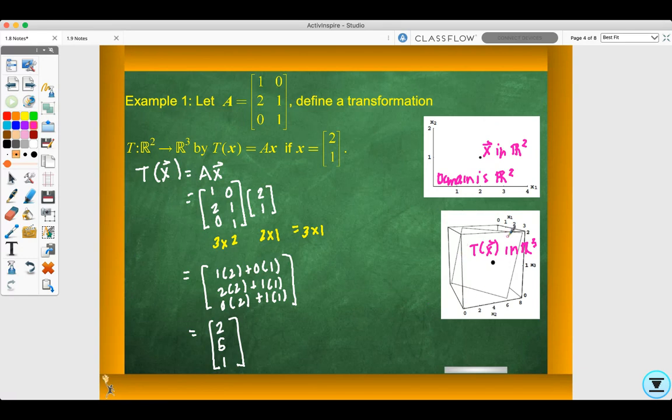And this is the range. So this whole plane is the range of T. And the codomain is R3.